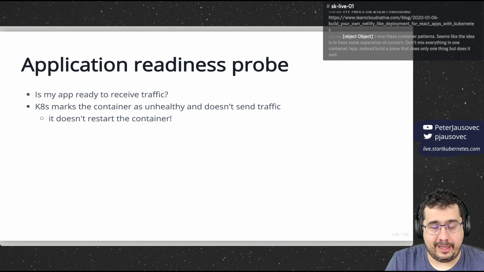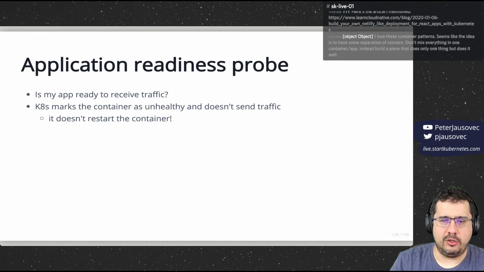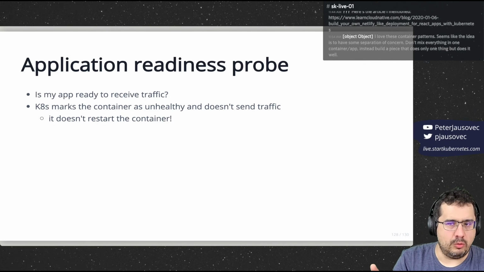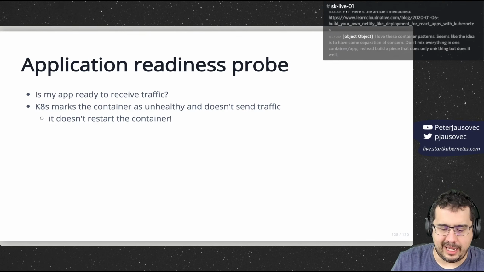So your container might start, it might be initialized and everything. However, it's not necessarily ready yet to receive any traffic. So Kubernetes will mark this pod as unhealthy. However, it will not restart the pod. It will invoke the probe based on the settings I'll show in the next slide, to determine when the pod is ready to receive traffic. Once the readiness probe succeeds, the pod will be marked as healthy and it can start receiving requests.